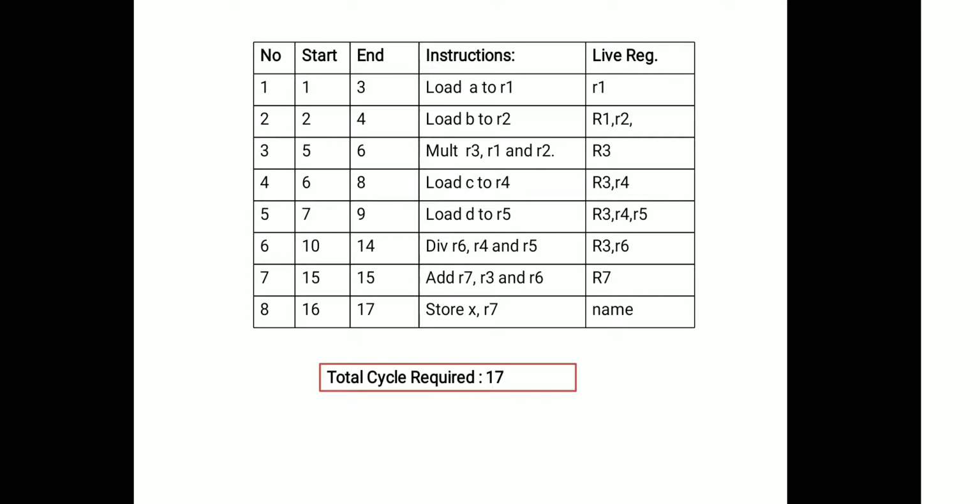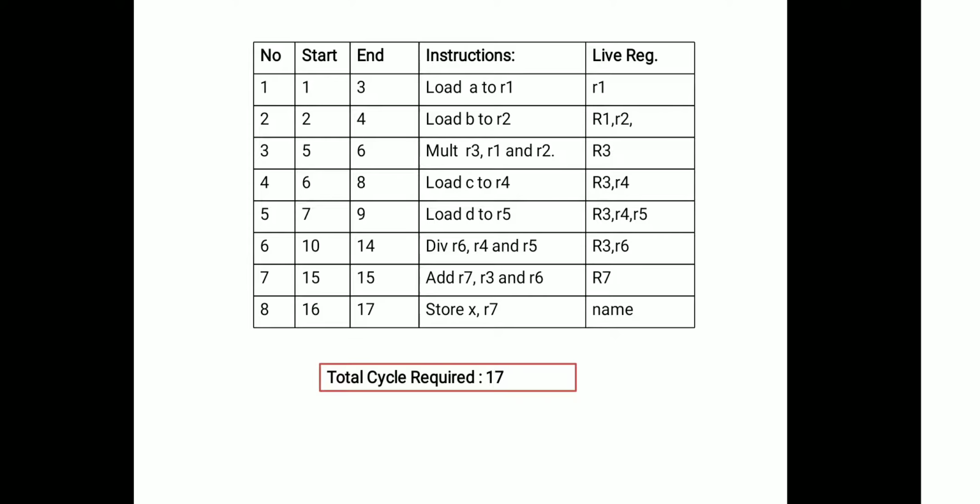So the instructions are: load a into R1, load b into R2, multiply R1 and R2 and store the result in R3, load c into R4, load d into R5, divide R4 by R5 and store the result in R6, add R3 and R6 into R7, and finally store R7 back to x. These are the instructions.